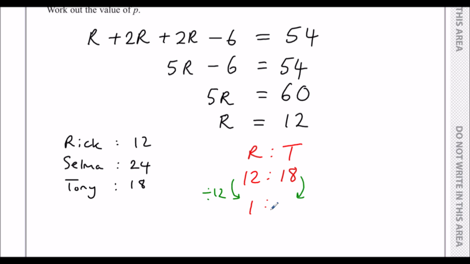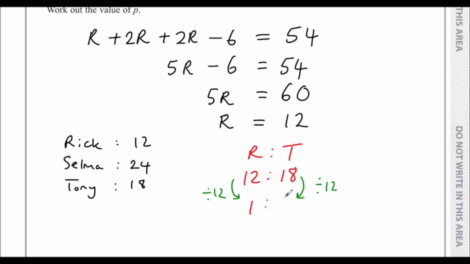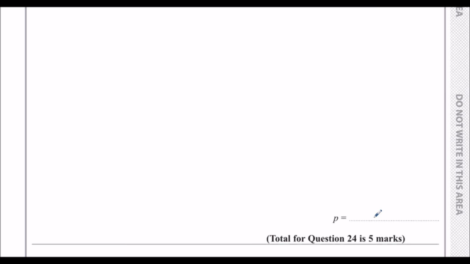So to get from 18 to this number, we divide by 12. 18 divided by 12 is 1.5. So it's 1 to 1.5. So P is 1.5.